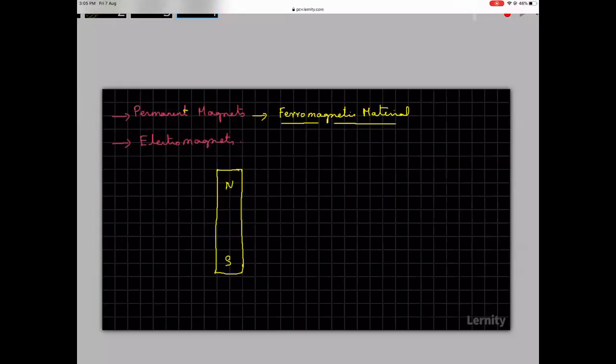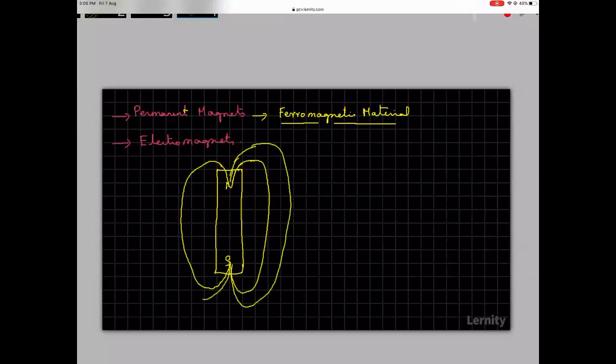If you take some iron filings and sprinkle them around it, the iron filings will form loops of this kind, and these loops exist on both sides. We say that this is the magnetic field associated with a permanent magnet. Now, the lines don't stop here.